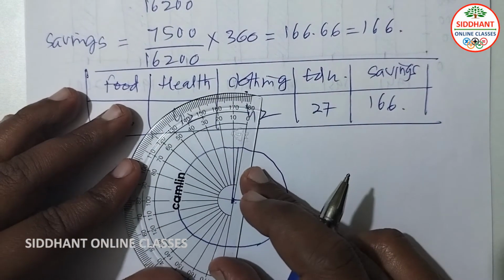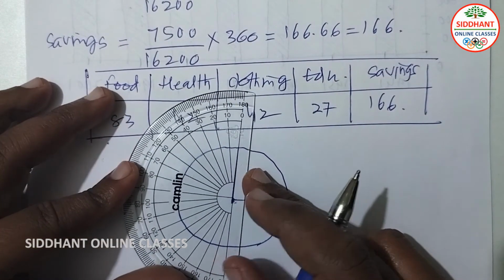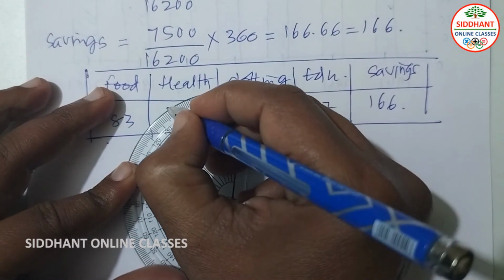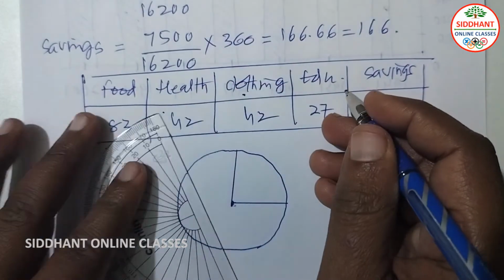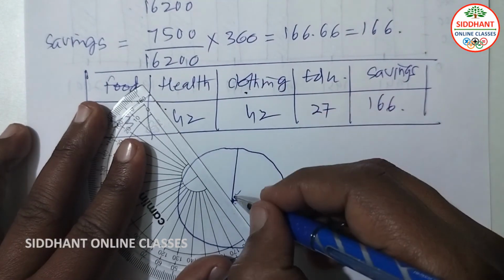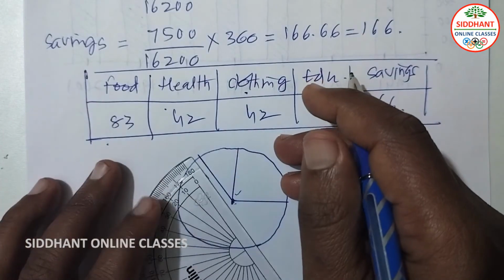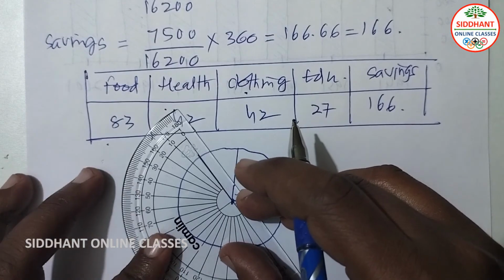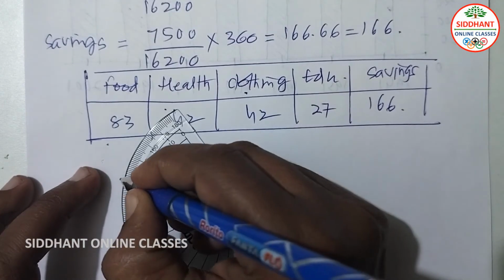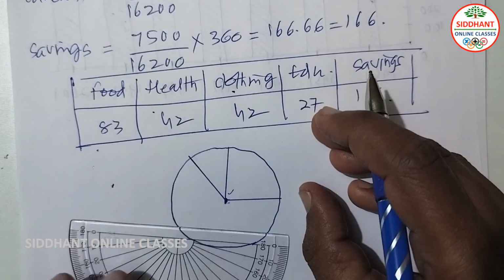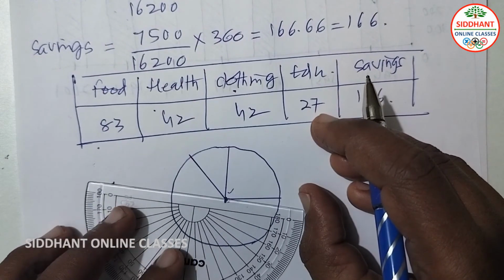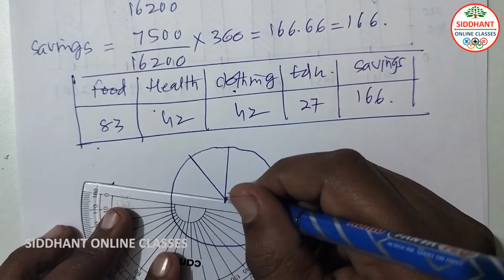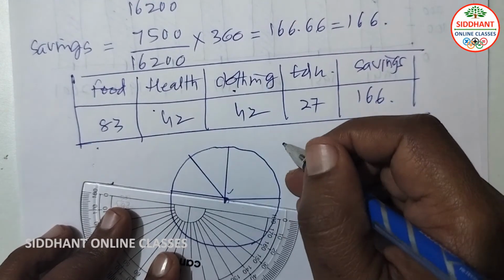Next we keep the center here and we will draw 42 here. So 42 will be here. Then keeping center here, we draw 42 here. So 42 here, then we get 42.